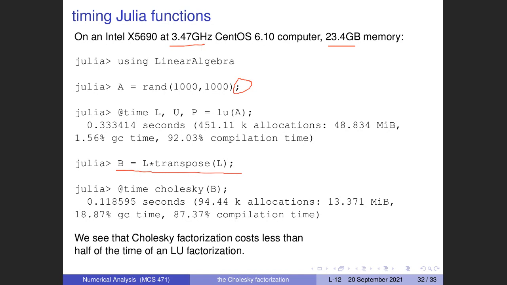And I hope we can explore this in the next computer project. But believe me, you should make it this way for a 1000 by 1000 matrix. This is the way you take the output of an LU factorization. So a random matrix is well conditioned, and the L that comes from the LU decomposition is also well conditioned. So this is an aside.